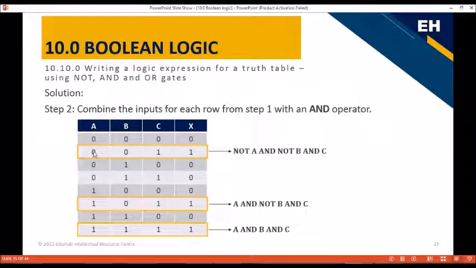So A is 0 here, we have to change it to 1 by using not A. B is 0, we change it to 1 by using not B. And C is 1, so we leave it as it is. The next one, A is 1, we leave it as it is, and B is 0, we change it to not B, and C is 1, we leave it as it is. And the third one is everything is actually 1, so we leave them as they are, and they become A and B and C.